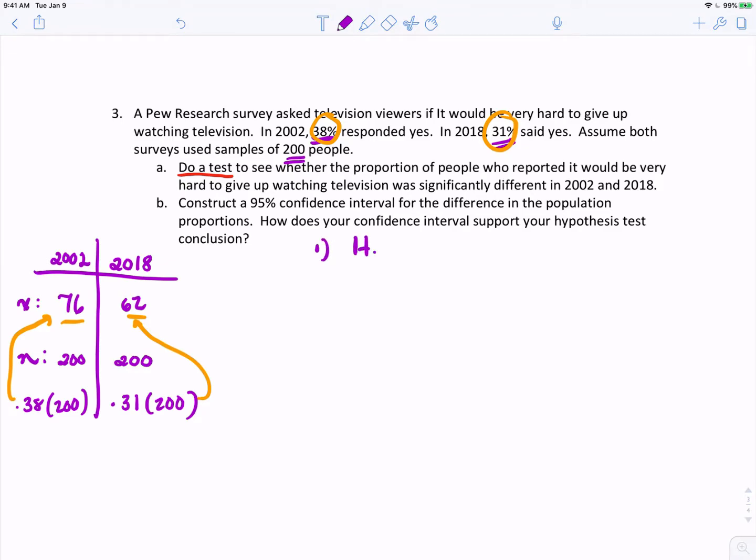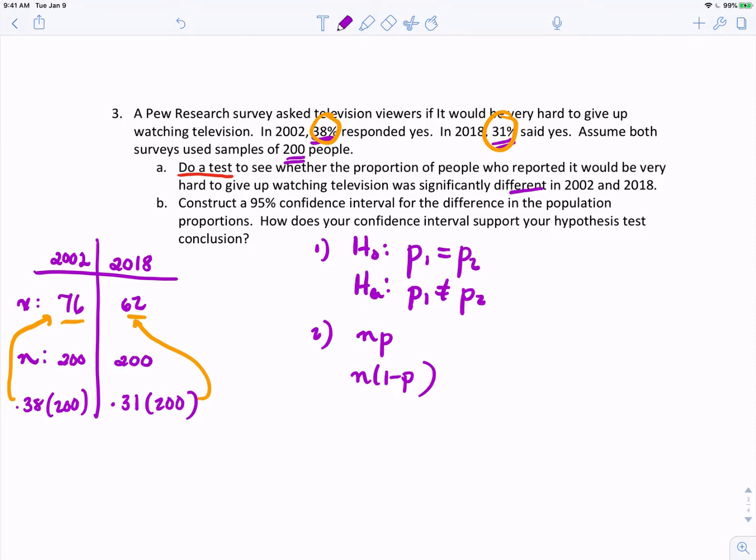We'll write our hypotheses. Our null is always that the two proportions are the same. And our alternative, in this case, we want to know if they were different, and so the symbol for different is not equals. We have to show that we can apply the CLT, which means we have to show that n times p and n times 1 minus p are both greater than 10.